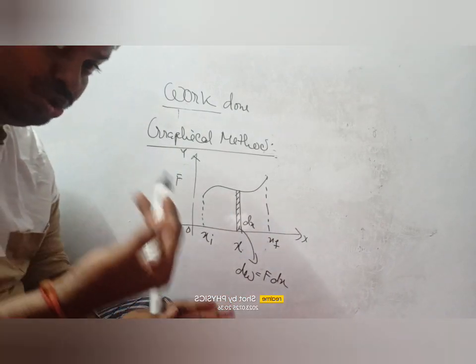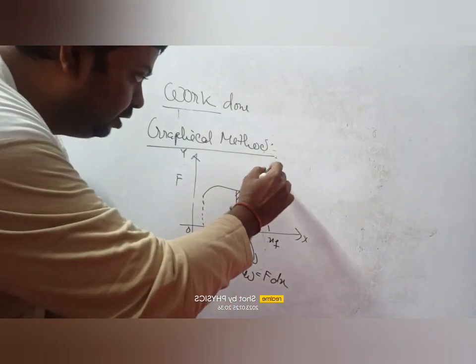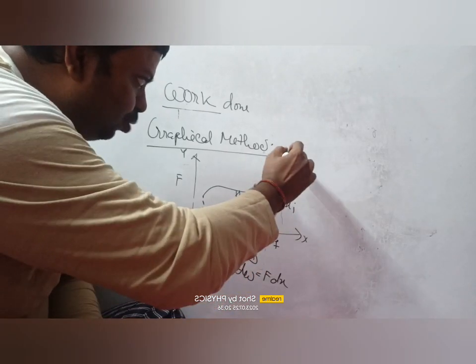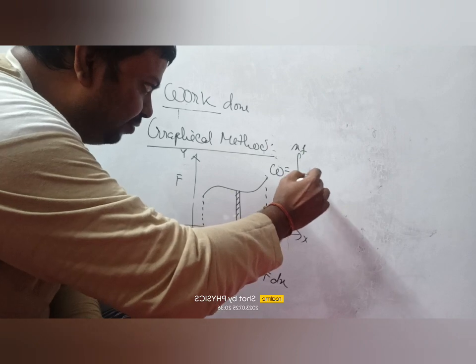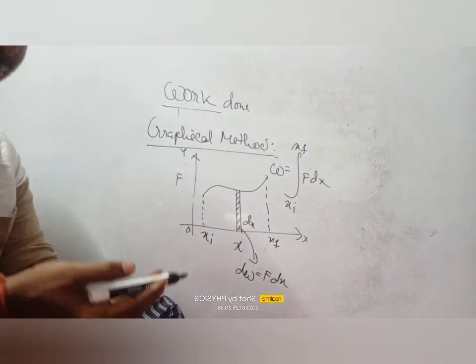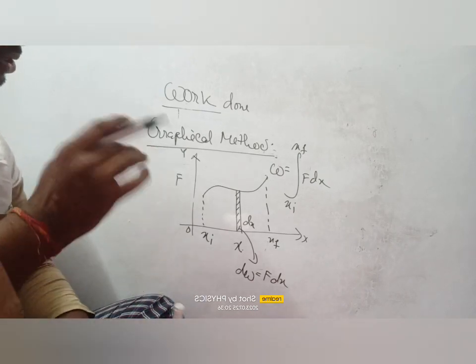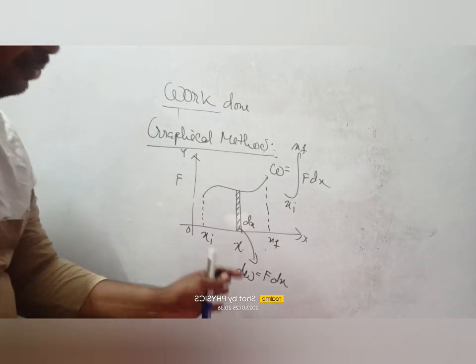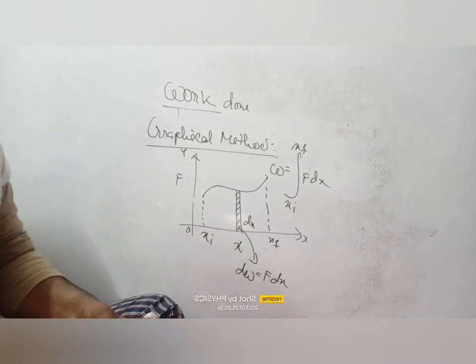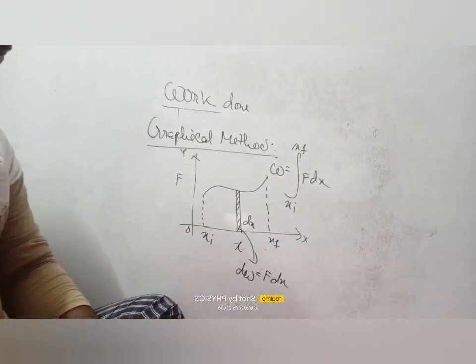Now to find the total work done, W is equal to the integral from xi to xf of F dx. This is the x component of displacement, and this is the variable force. dW equals F into dx, integrating from xi to xf will give the total work done.